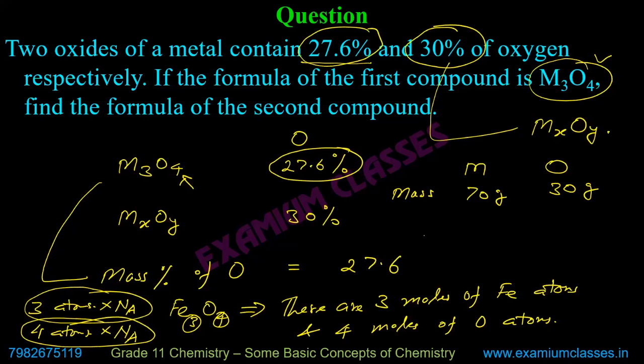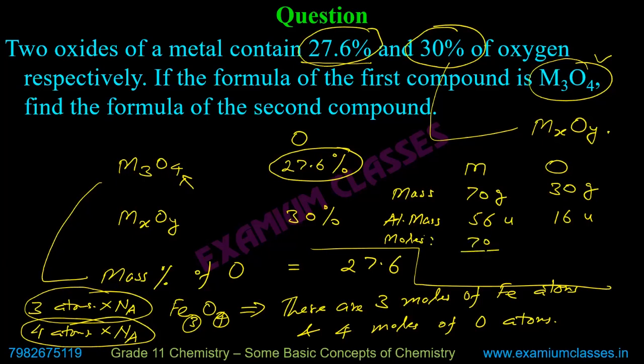This is something we know. We have also calculated the atomic mass of the metal, and for oxygen we already know the atomic mass. From this data, we can calculate how many moles there are: given mass upon molar mass. Is that clear or not?